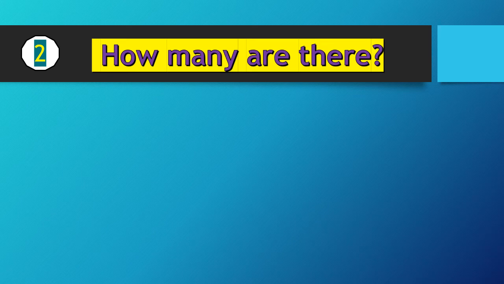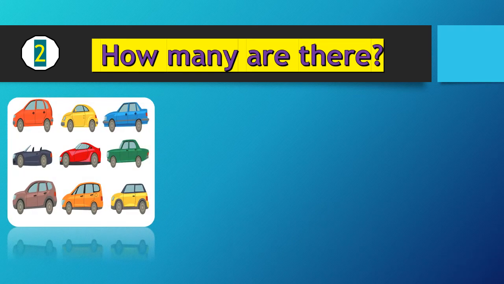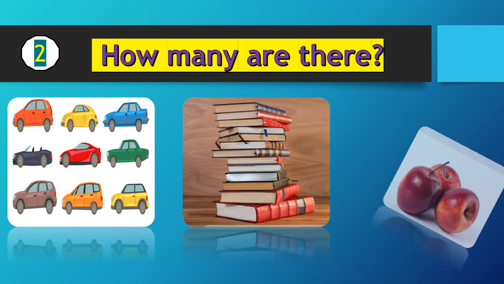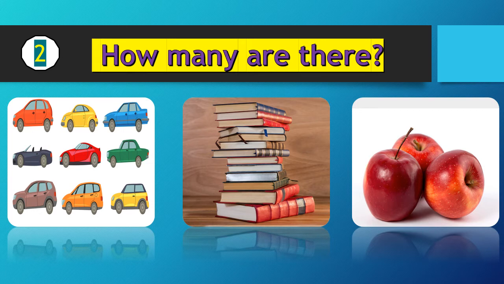Exercise number 2. How many are there? So we have 3 pictures. Try to look at each picture, okay, and count the number. Count the number of stars, number of boats, and the number of apples.